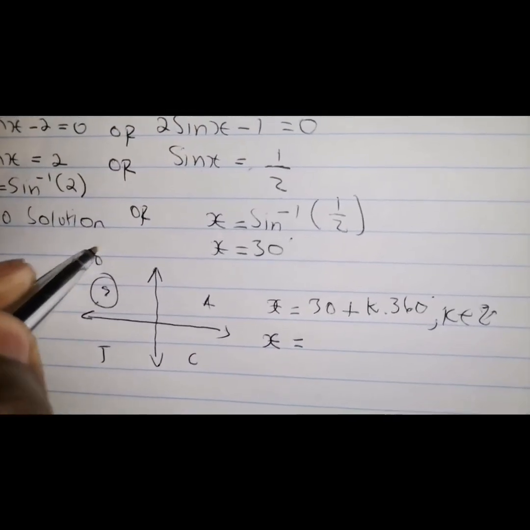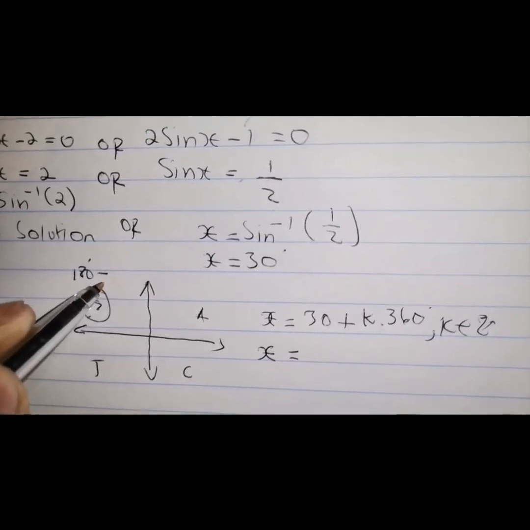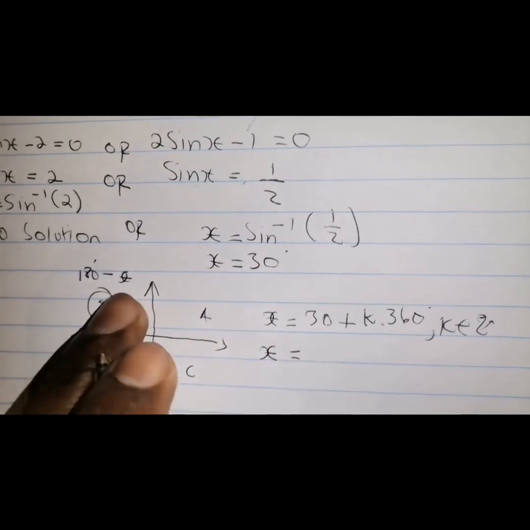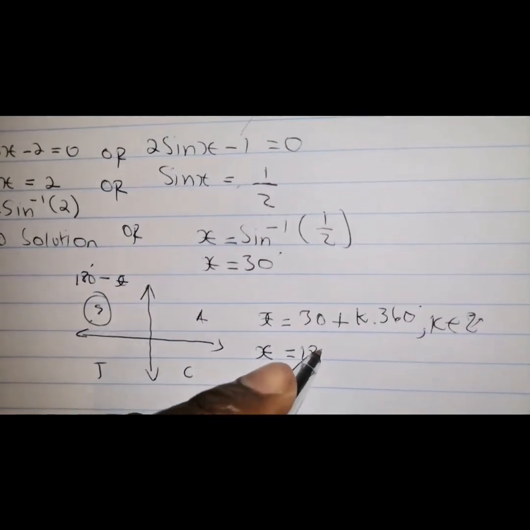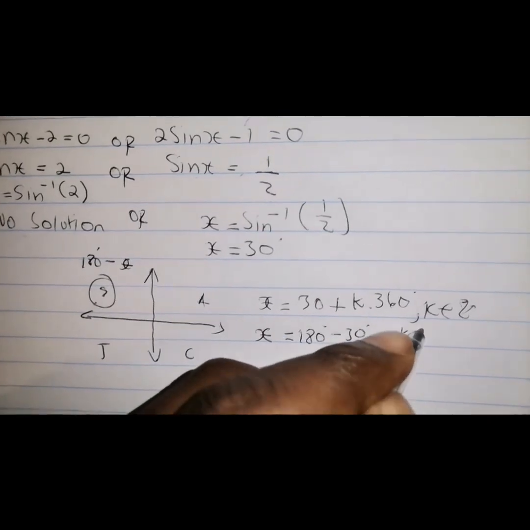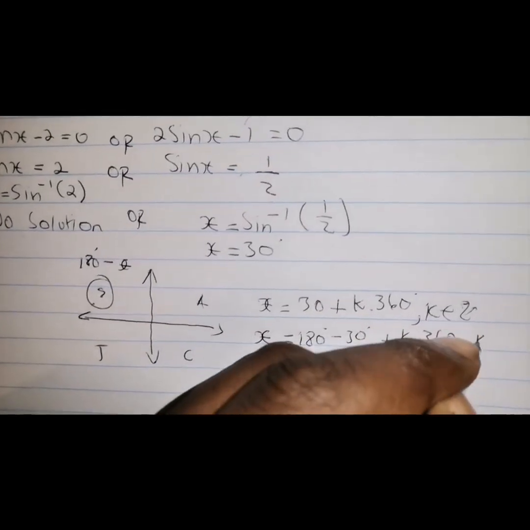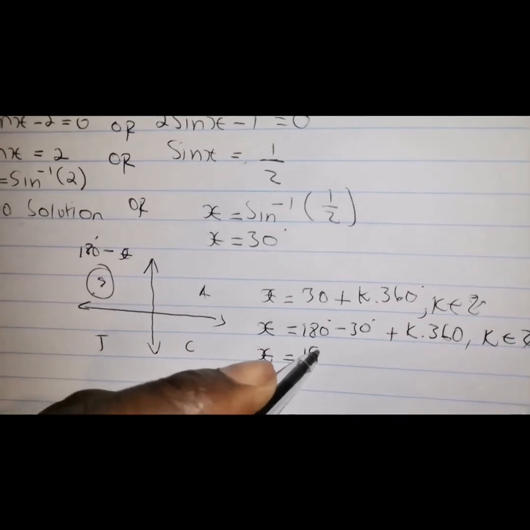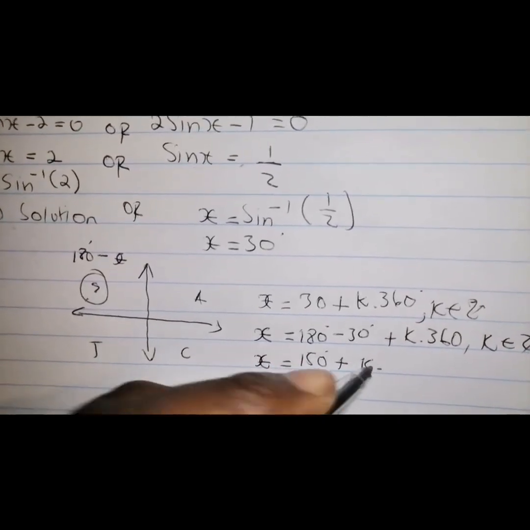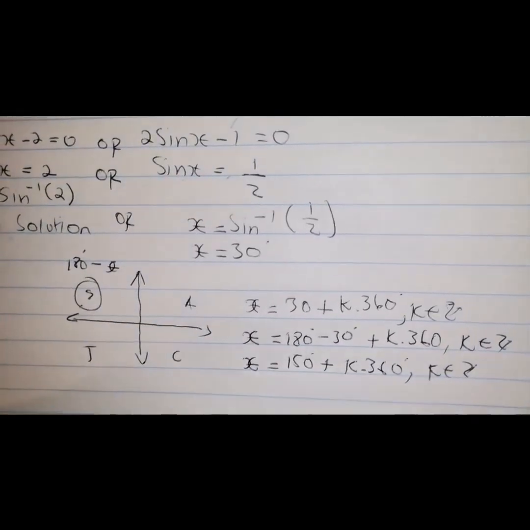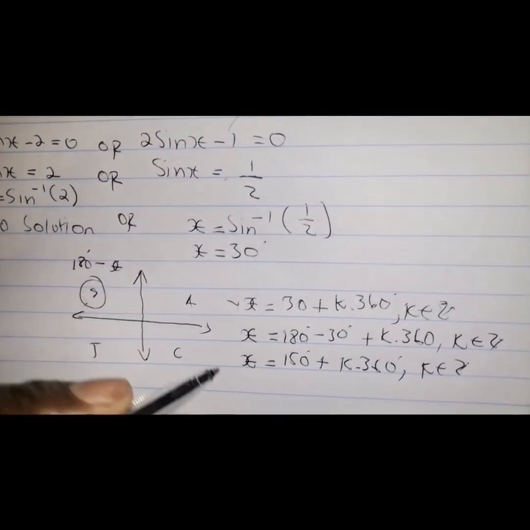It's 180 minus x. What is the value of x? It's 30. Meaning we say 180 minus 30 plus k times 360, such that k is an element of integers. Then x equals 150 plus k times 360, such that k is an element of integers. You are done, guys. These are the two solutions.